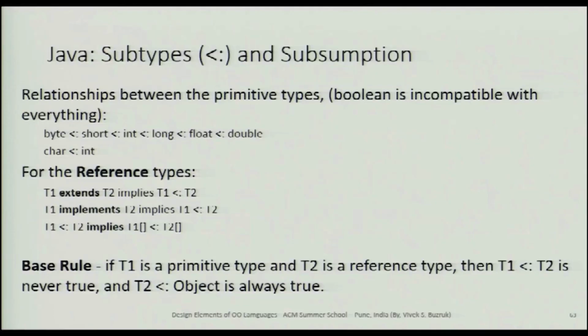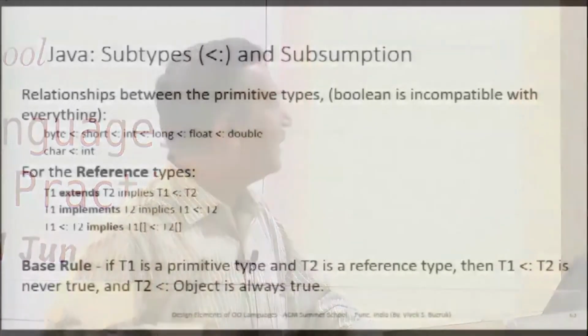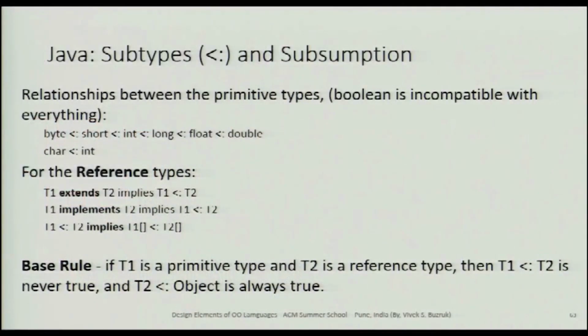For the reference type, T1 extends T2 means T1 is a subtype of T2, correct. We just talked about savings and account. If T1 implements T2, then also T1 is a subtype of T2, right, no confusion. If T1 is a subtype of T2, then array of T1 is a subtype of array of T2.